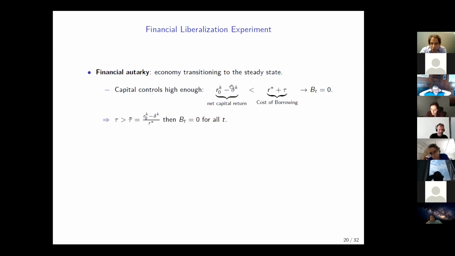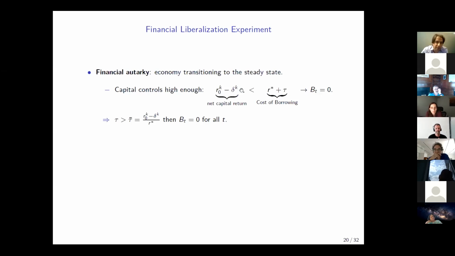And you would borrow if this is lower than the cost of borrowing. In the margin, when B is equal to 0, the risk premium is 0. And the capital control term is also 0. So when you are in the margin, what determines if you're going to borrow an epsilon amount is if this thing is lower than that thing. If that's the case, you would borrow. If that's not the case, then you are in autarky.